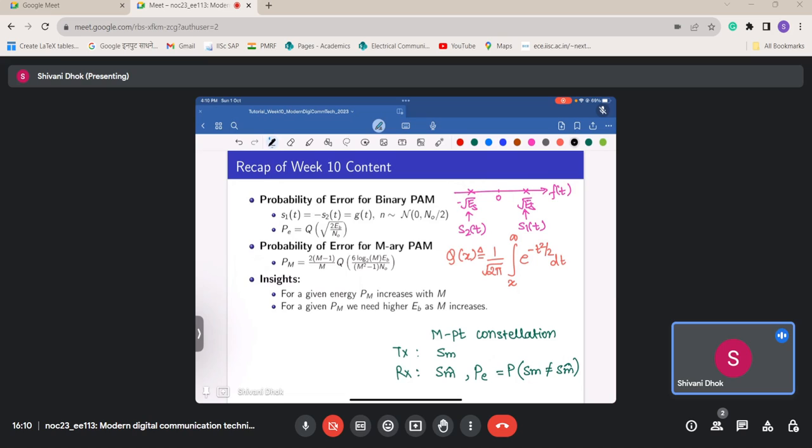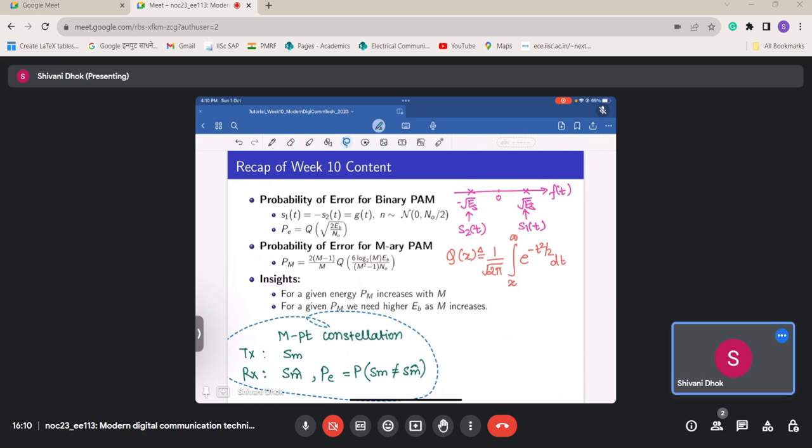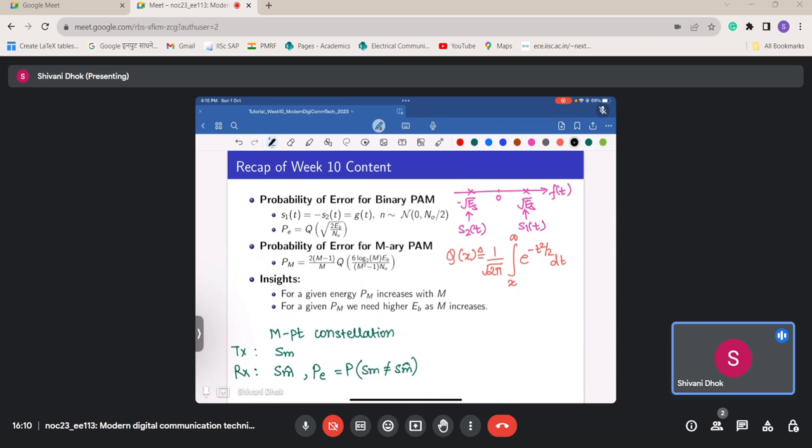If we want to visualize this Q function, it is basically the tail probability of a standard normal random variable. So this is the PDF, where X is Gaussian with 0 mean and unit variance.